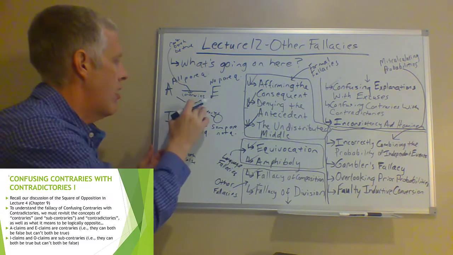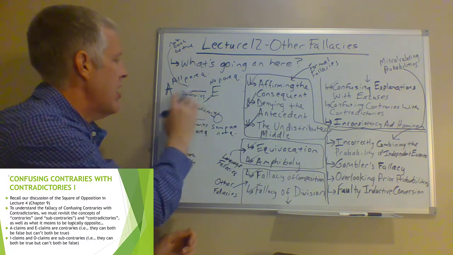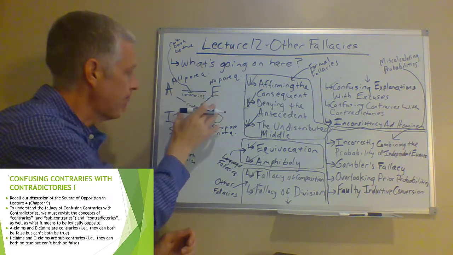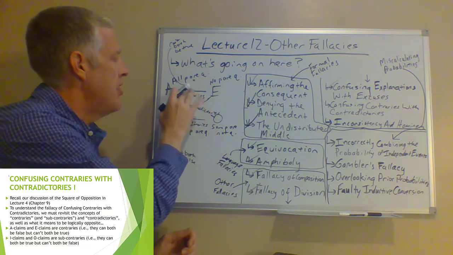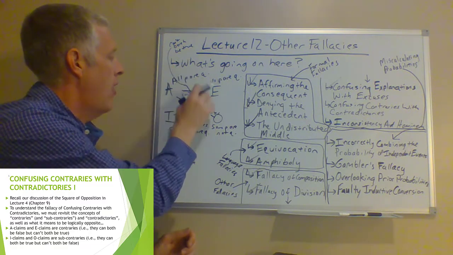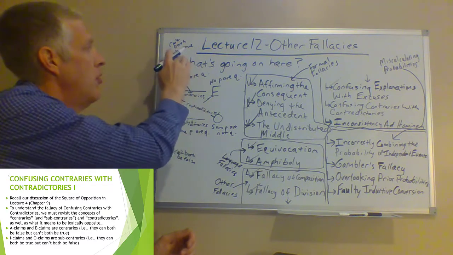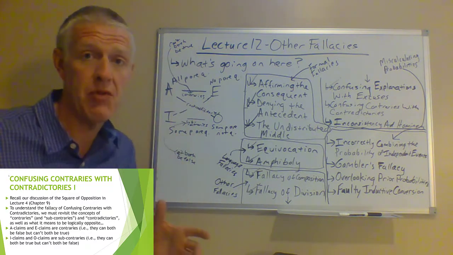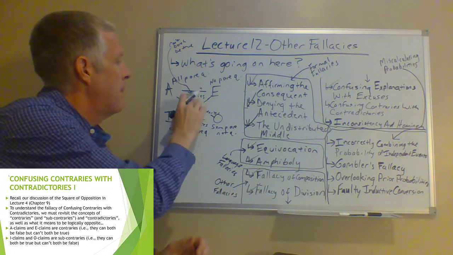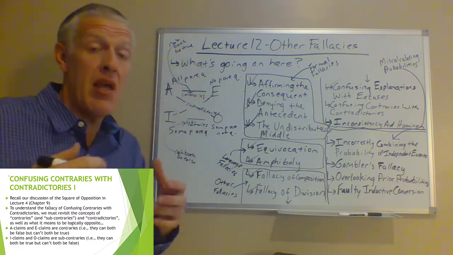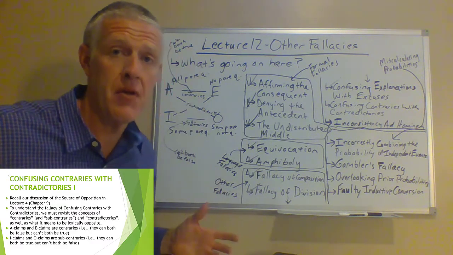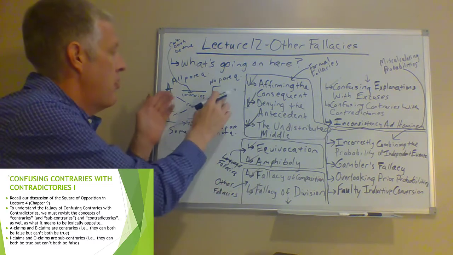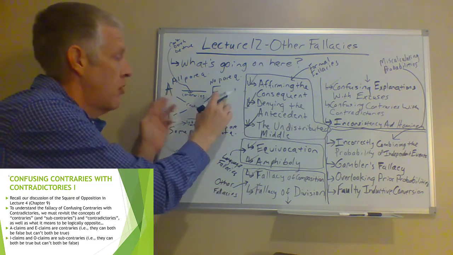Remember that A and E are known as contraries. These can both be false, but they can't both be true. So at times, they can have the same truth value: they can both be false, but they can't both be true. Hence, there are times when both of these could have the same truth value.